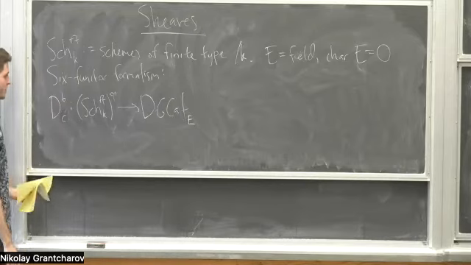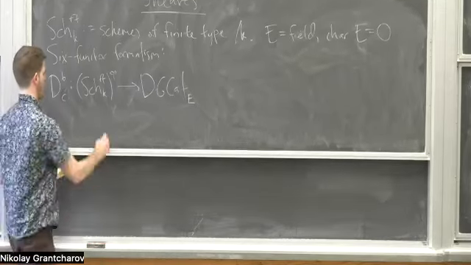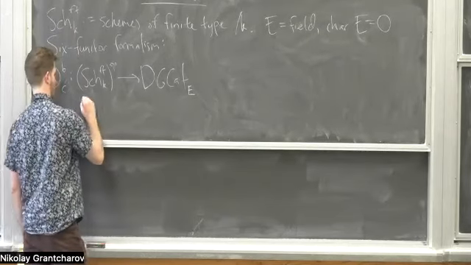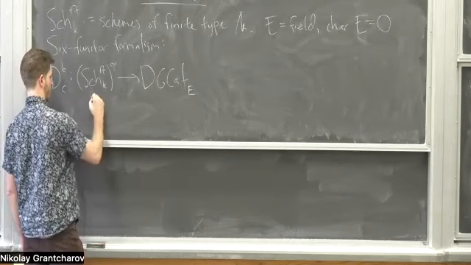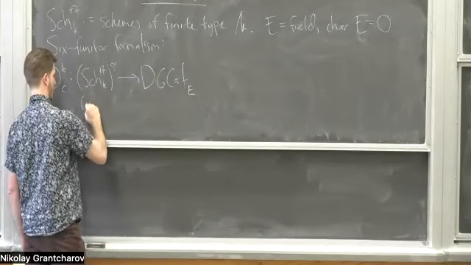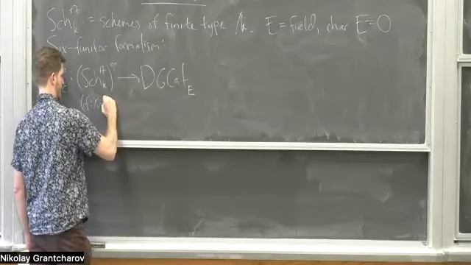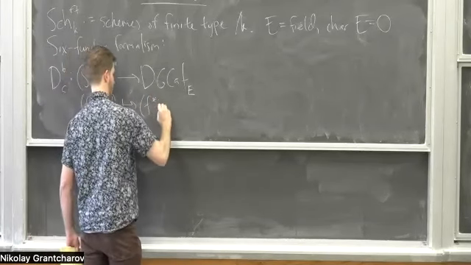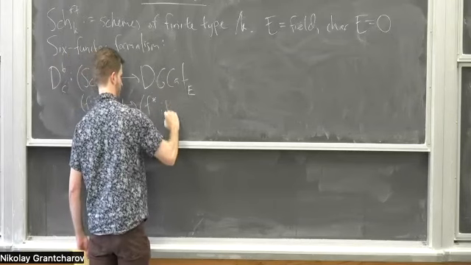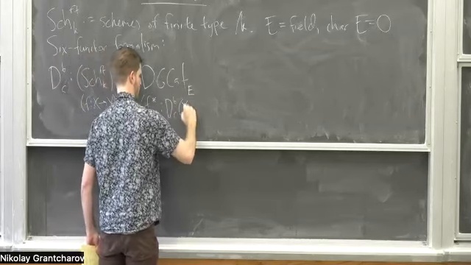I'll say what it does on objects in a second, because there are several different examples I want to encompass here, but I'll just say quickly, the reason it's contravariant is because I am thinking about the inverse image functor.